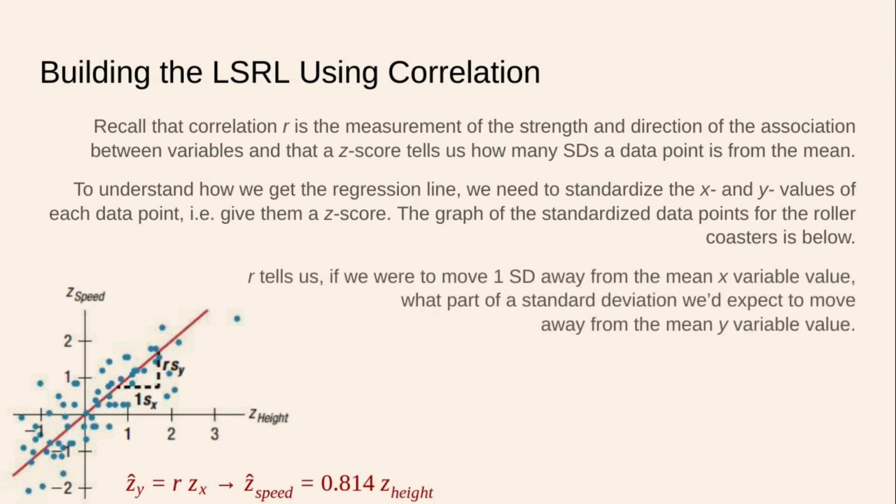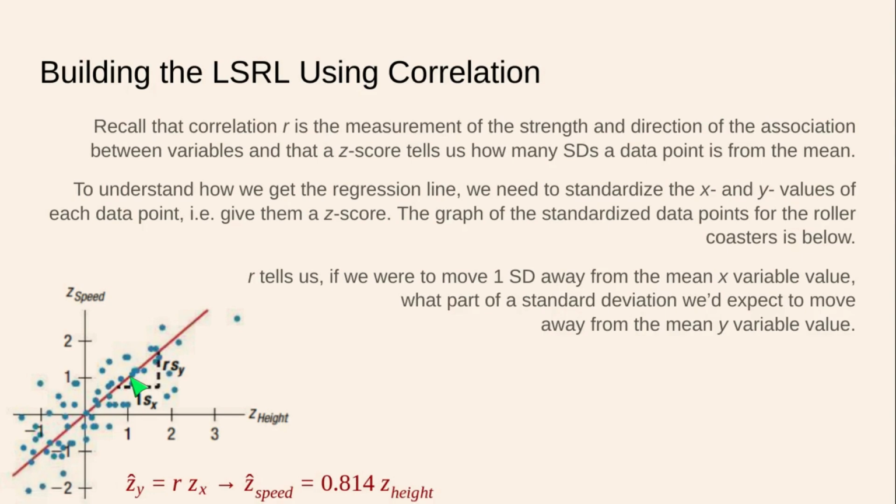So R tells us that if we were to move one standard deviation away from the mean x variable value, now mind you, in standardized data, the mean is 0, okay? So if I were to move one standard deviation away from the mean x variable value, what part of a standard deviation would I expect to move away from the mean y variable value?